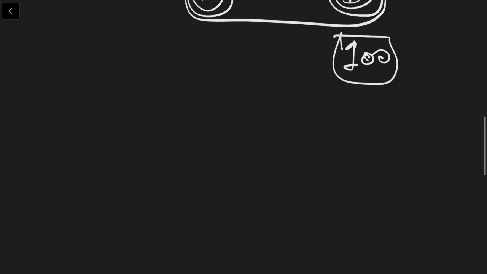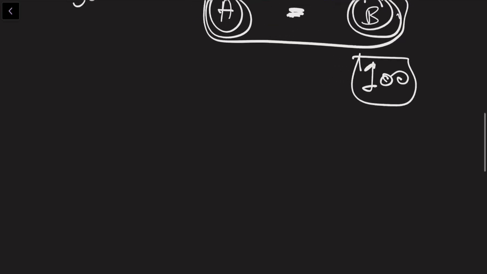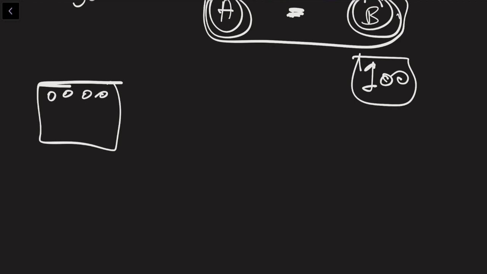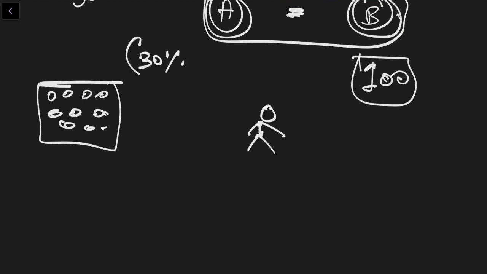Again, I'm going to give you one more example. Let's say there is a shop, and there are a lot of toys, and I tell the shopkeeper that whenever some kid comes to buy toys, you will always give 30% of the toys which you have, the number of toys in your shop, to the kid.